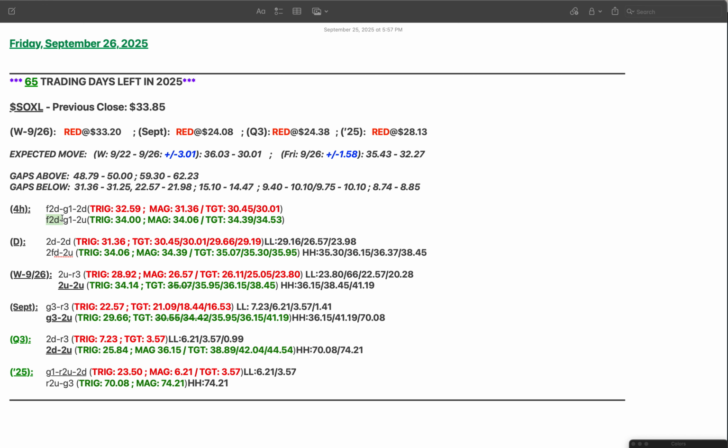To the upside, we would have a failed 2 down, green 1, 2 up, triggering at 34 flat with a magnitude of 34.06, which isn't that big, but again, that creates this domino effect of combo 2 downs, 2 ups, with extended targets of 34.39 and 34.53.